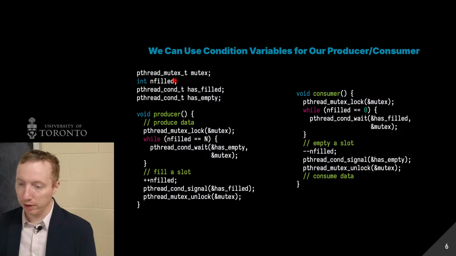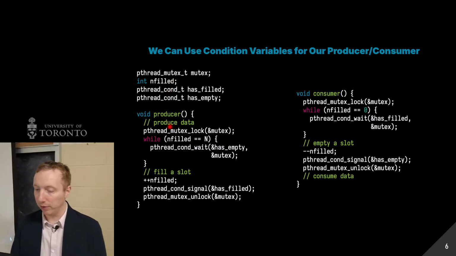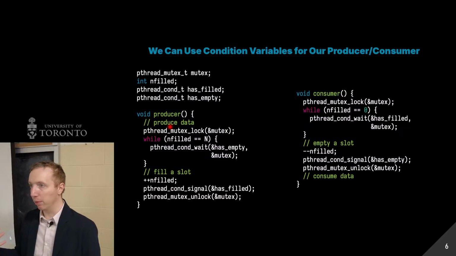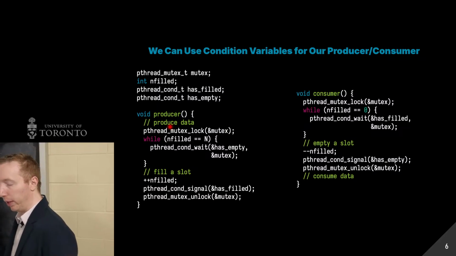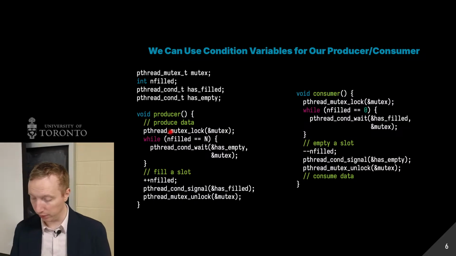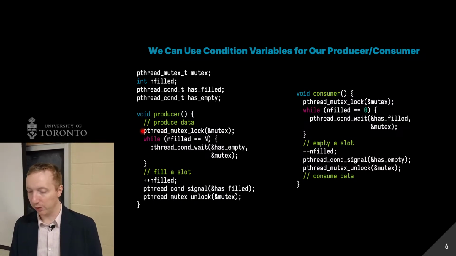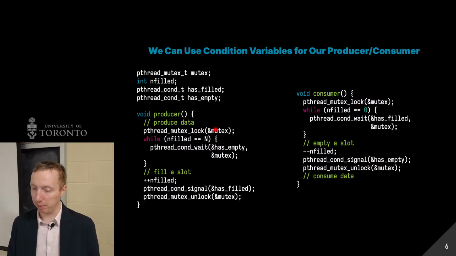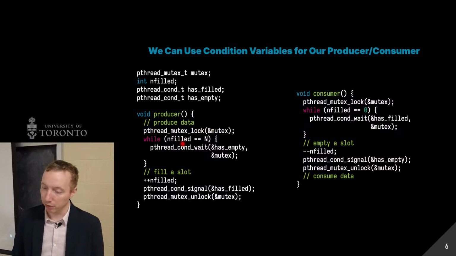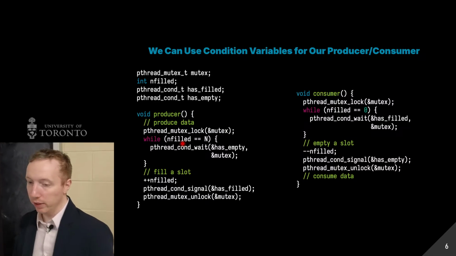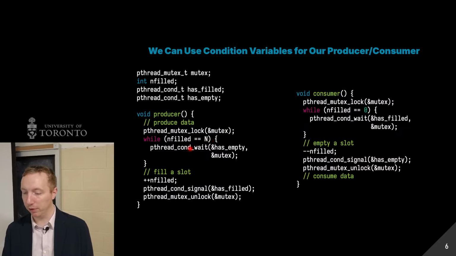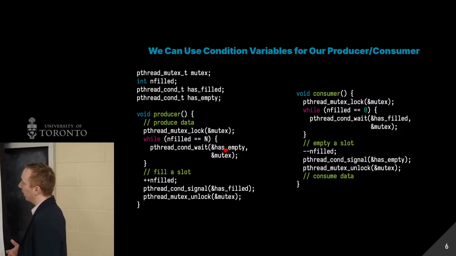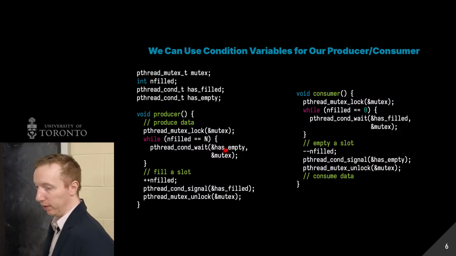So in the producer, instead of having the semaphore wait and post and knowing the initial value, I can instead change my code to this. I can lock that mutex because I'm going to be reading the n filled field. So I can put it in a while loop. While the number of filled slots is full, I would put myself to sleep in this has-empty queue. So this is every thread that is currently waiting for an empty slot.